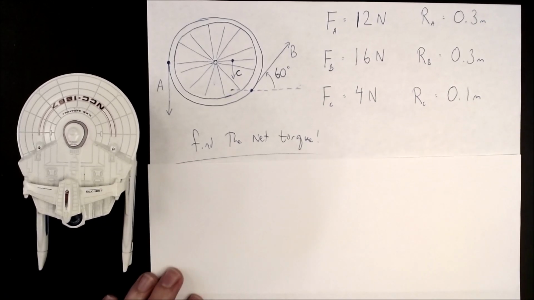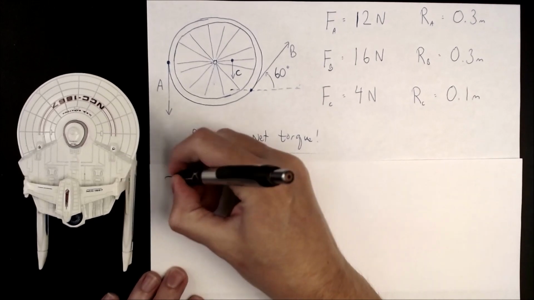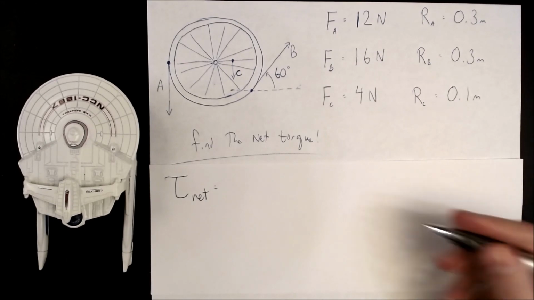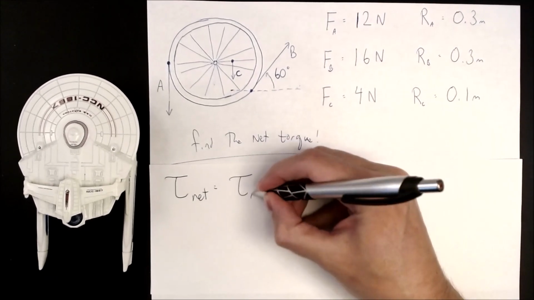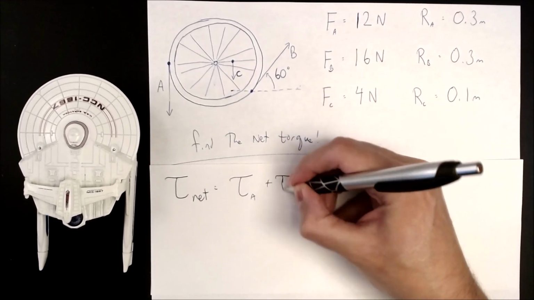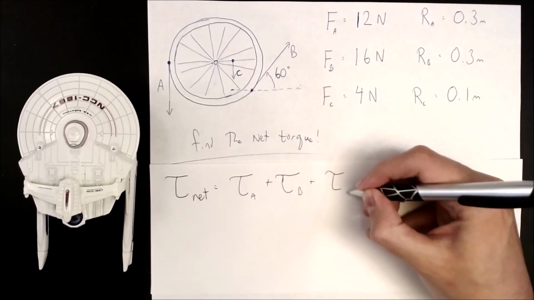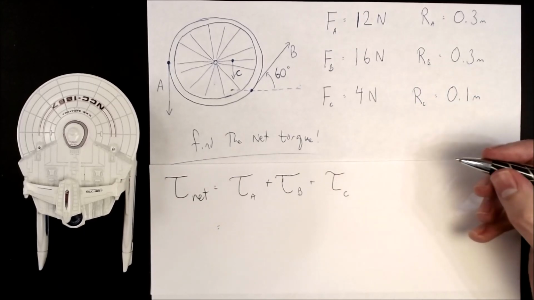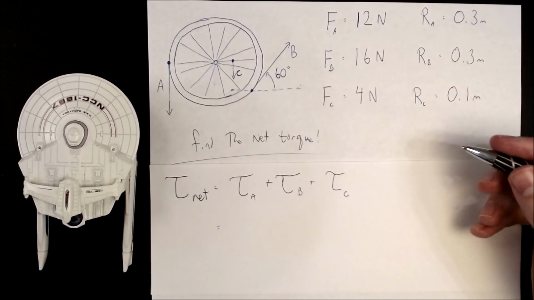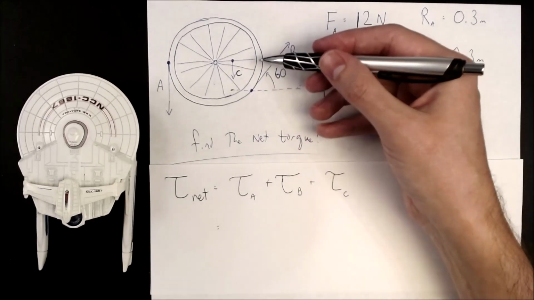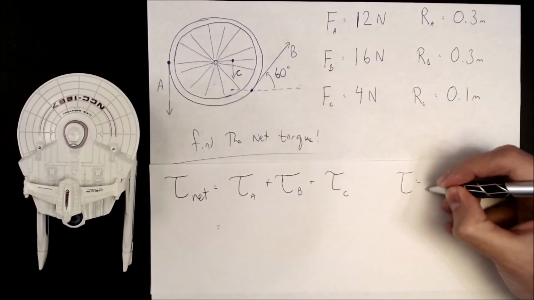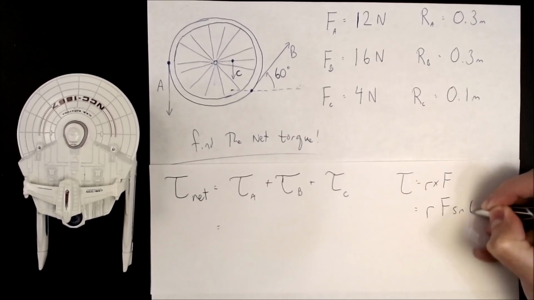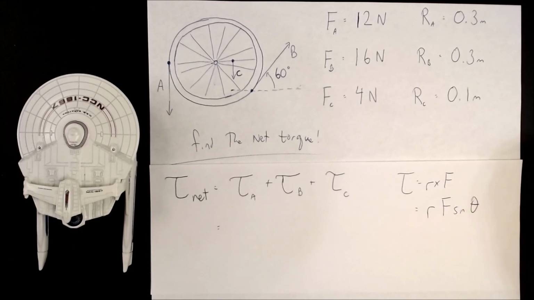Well, we can start working on that. Torque net, well, that's just going to be the torque from each of these put together. So torque A plus torque B plus torque C. And torque is R cross F in each case, but it's also RF sine theta, like that.